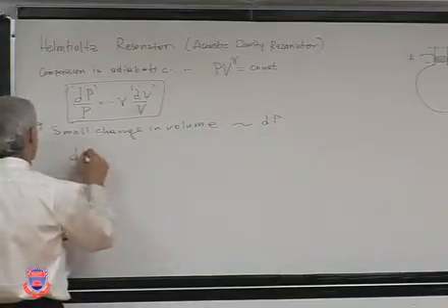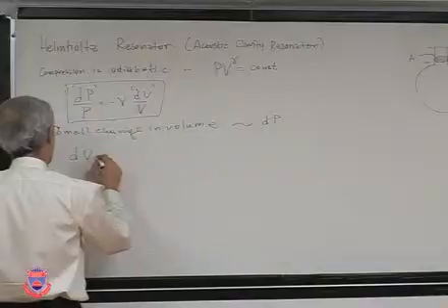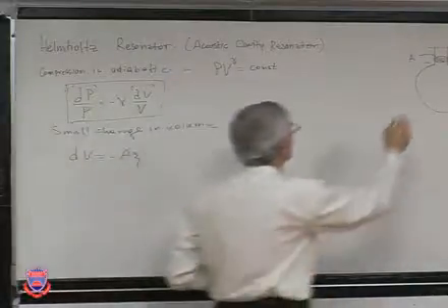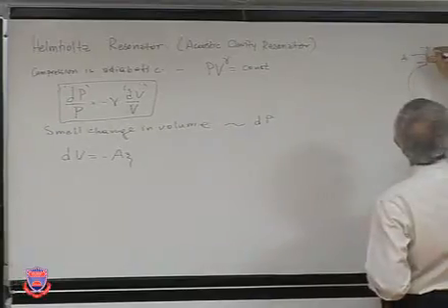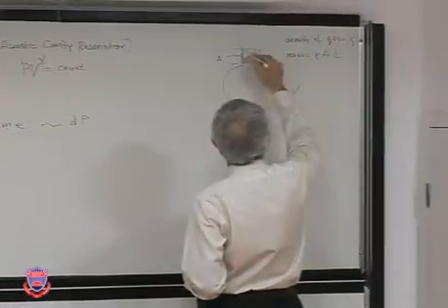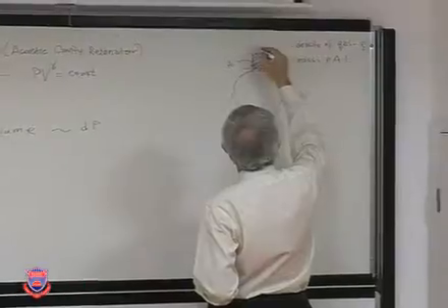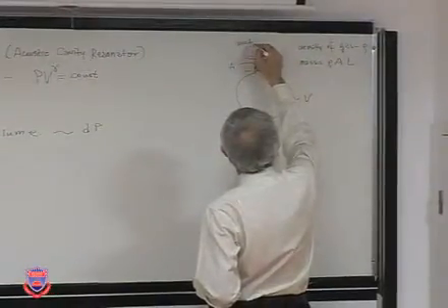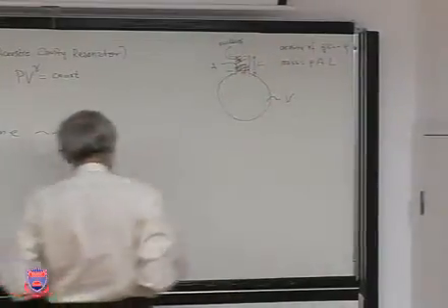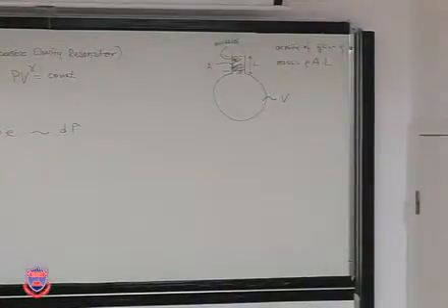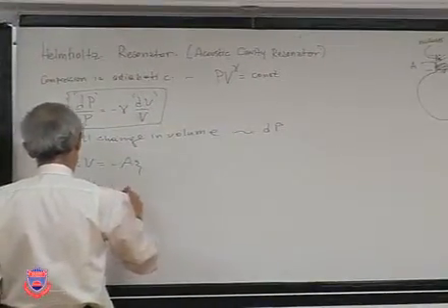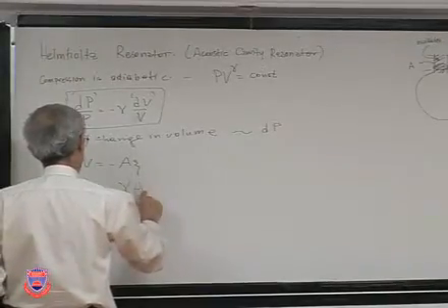So for a small oscillation, then the volume change can be written as, okay, this is the oscillation. Oscillates. Then the pressure is gamma.